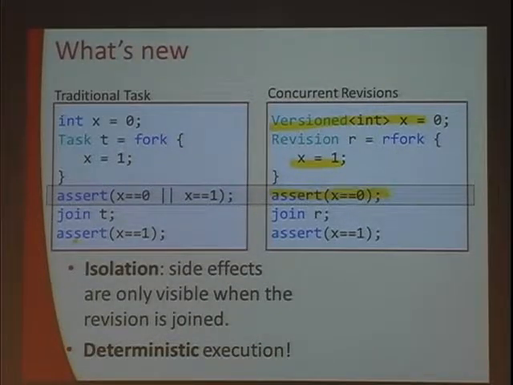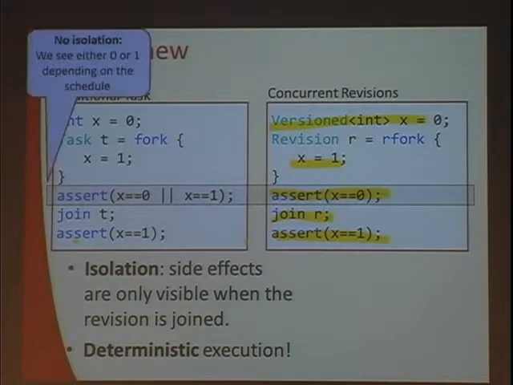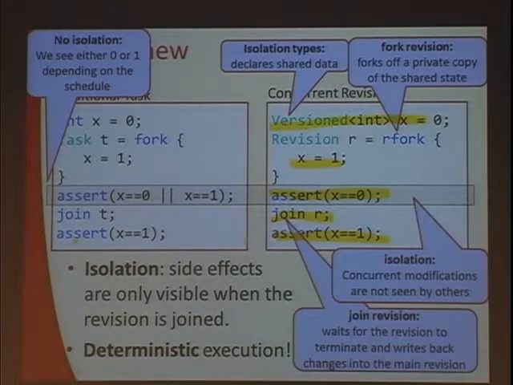So at the assertion, there's no question about what the value of x is. It's the version in the main task, in the main revision. The child's effect is not visible on state until after the join. So essentially, we're eliminating non-determinism by isolating state. And this gives us tasks that are essentially atomic in their nature, and it also gives us deterministic results.